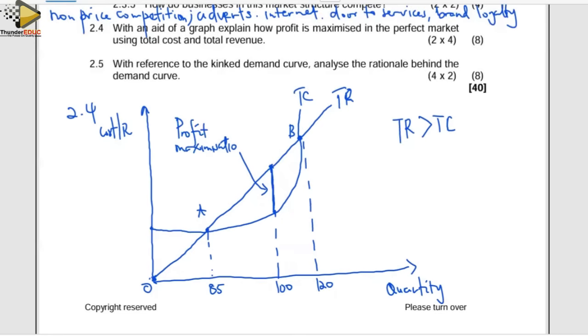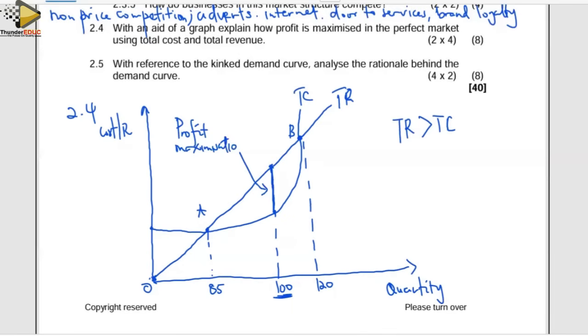Our total revenue at 120 is equal to total costs, which means the business is breaking even, getting a zero profit. So profit is maximized at 100 units of production, at quantity 100. That is where our gap between the total revenue and the total cost is widest. That is basically what you need to explain there on the diagram.